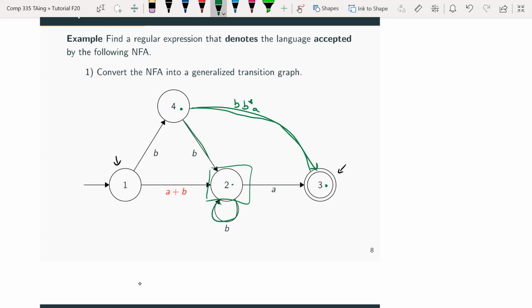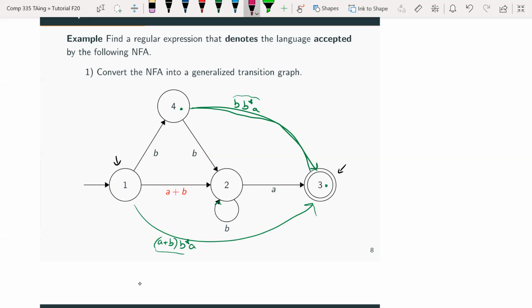And then the same thing can be said for going from 1 to 3 directly. To go from 1 to 3 directly, you read an A or a B, and then you can read a bunch of B's, and then read an A. And if I list this transition and this transition, then I've accounted for all of the transitions that go through 2.